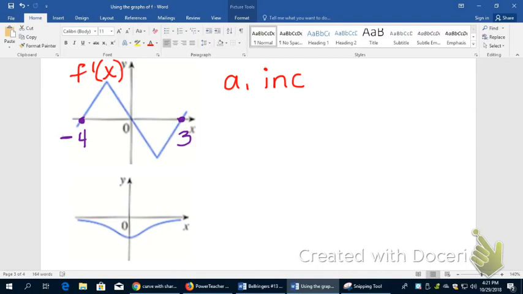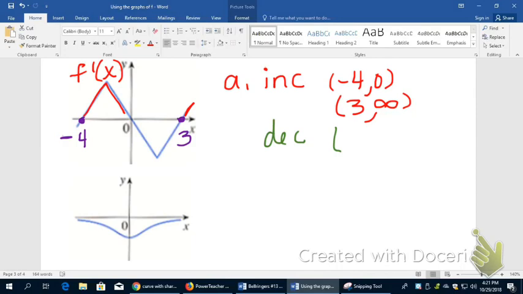This graph is above the x-axis from negative 4 to 0, and also from 3 to infinity, because that's there and there. This graph is below the x-axis from negative infinity to negative 4, and also 0 to 3. So that would be where f of x would be decreasing.